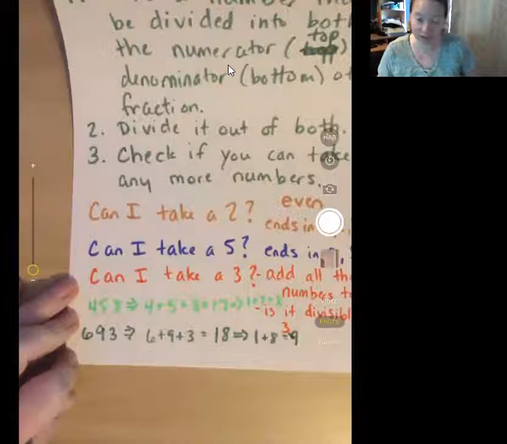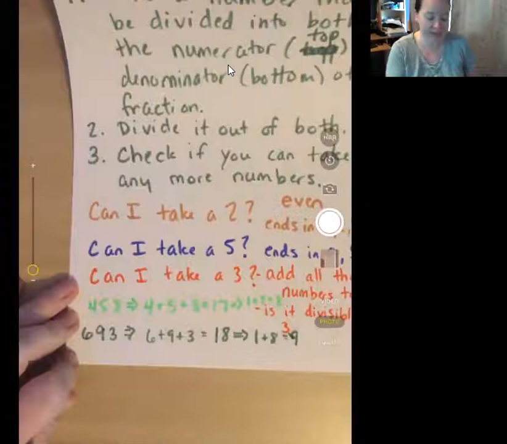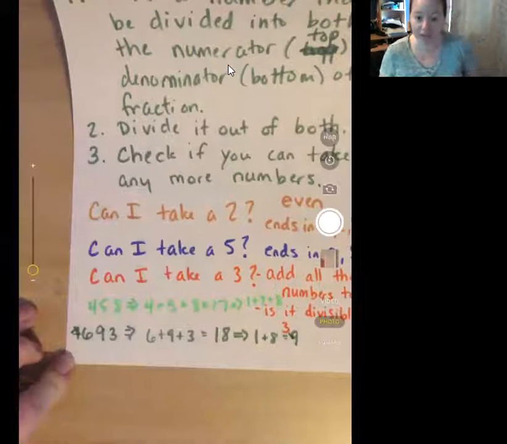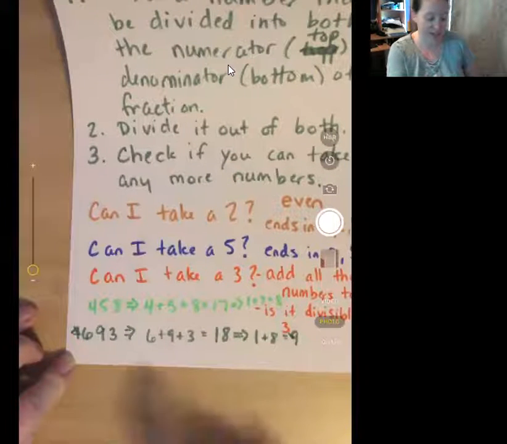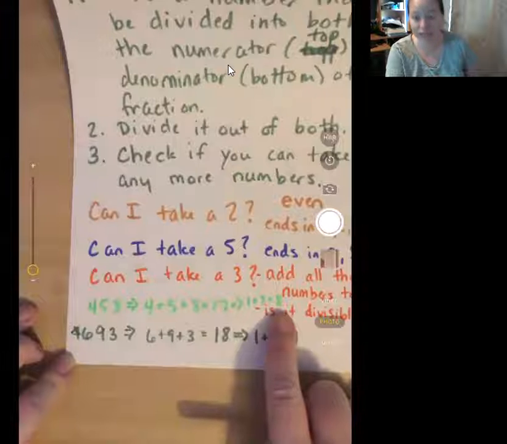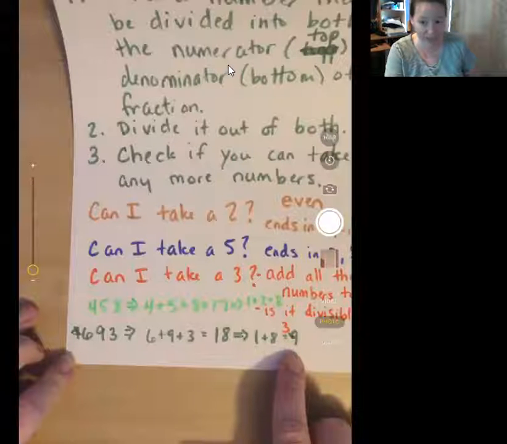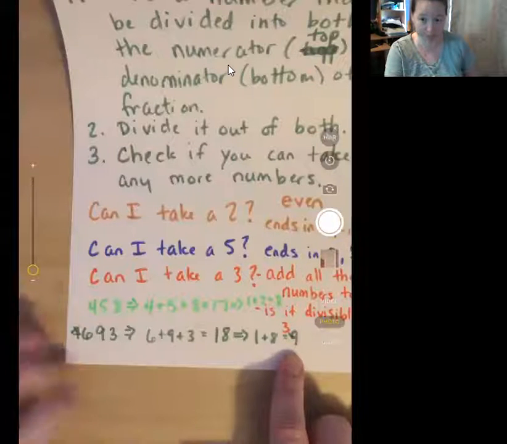Yes, I can. 9 is divisible by 3. That means that for this one, I could take a 3 out of it. I cannot take a 3 out of the other one because I end up with an 8 when all is said and done, and 8 is not divisible by 3. I can take a 3 out of this one because I end up with a 9 when all is said and done, and I can divide a 9 by 3.